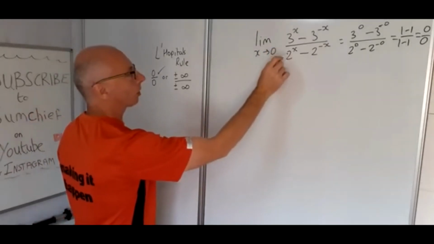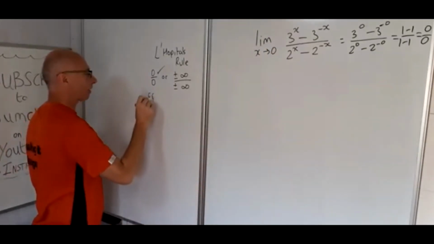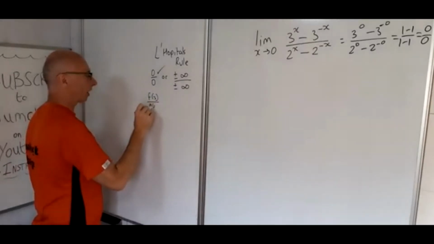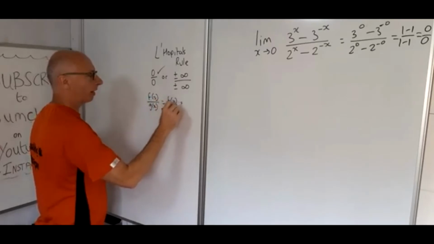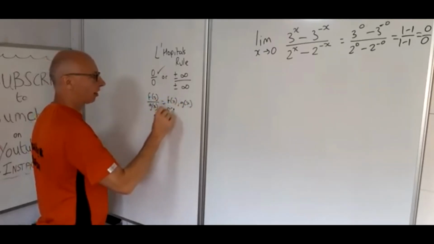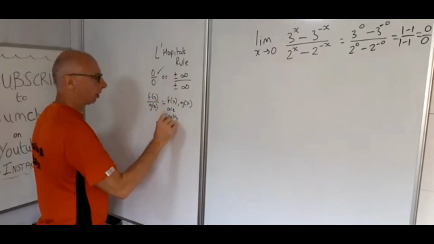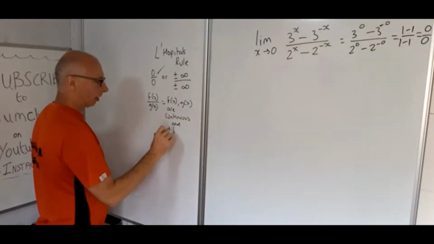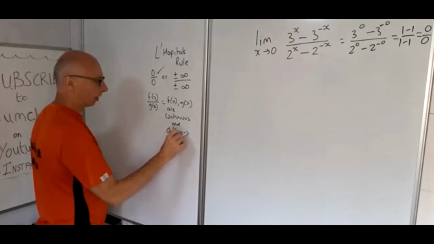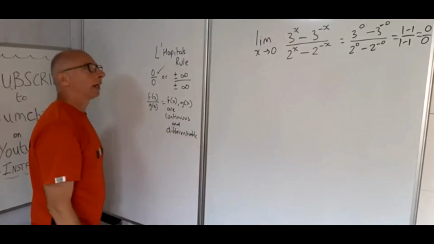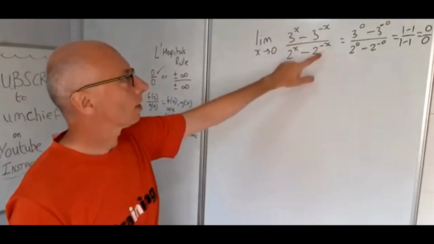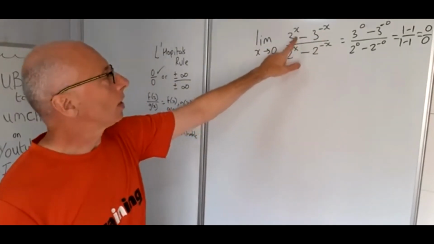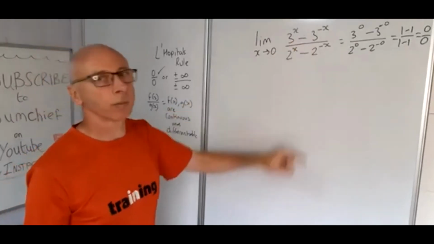The second thing we need is that we split these functions here. The ratio of these two functions is f of x over g of x, where f of x and g of x are continuous and differentiable. And 3 to the x, 3 to the minus x, 2 to the x, 2 to the minus x, these are all differentiable and continuous.